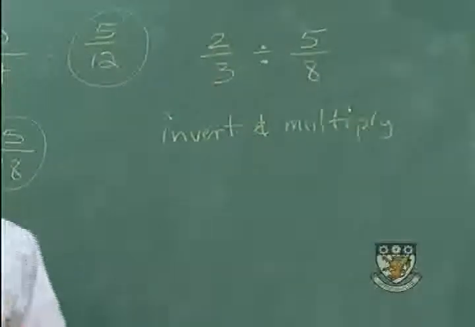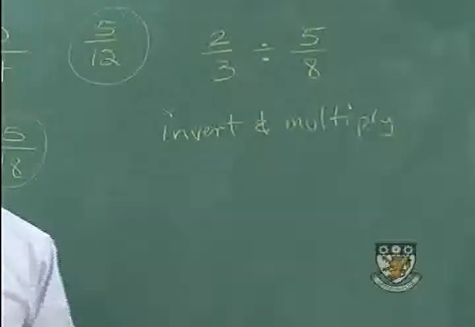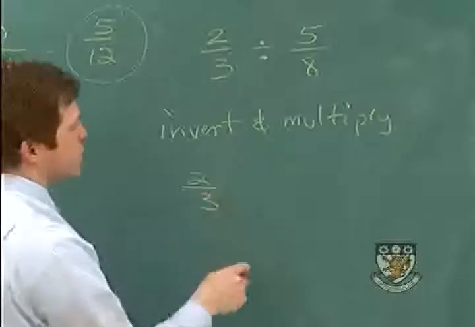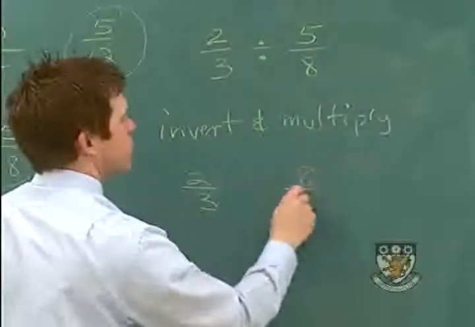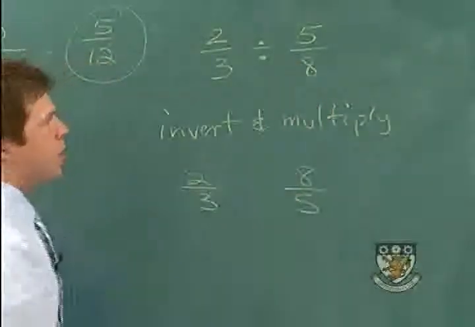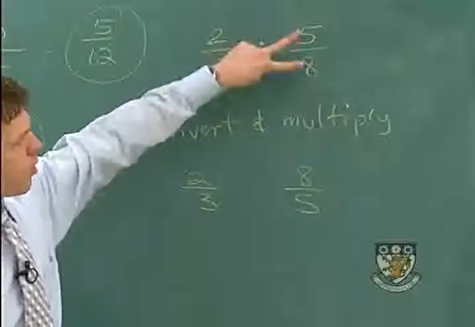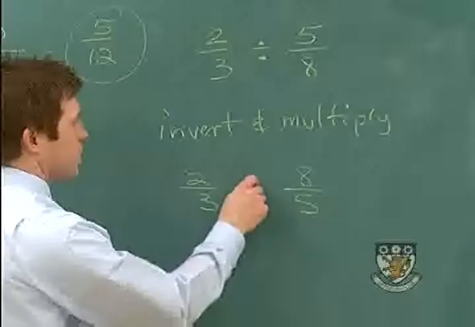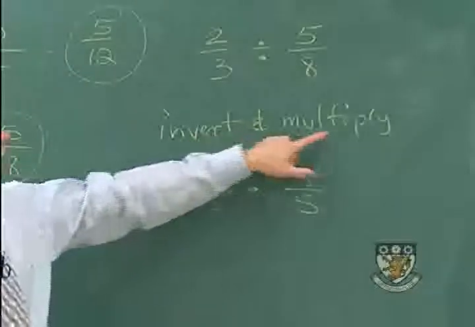And you always invert the number on the right. Very, very important. So we're going to rewrite my fraction. Invert this one. Invert means, notice how I take it and I just flip it over to 8/5. So I invert and then I multiply.